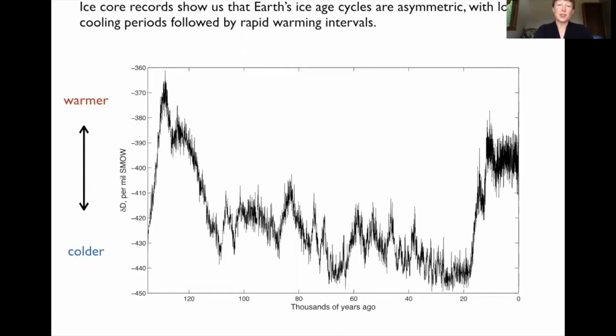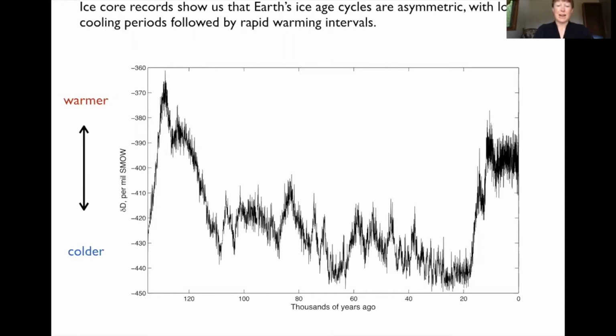This is an isotope ratio that is used to reconstruct temperature. So we can just think of this as a proxy for temperature, something that tells us about temperature. And so when we go in the downward direction, we're looking at colder temperatures, and in the upward direction, warmer temperatures, right?